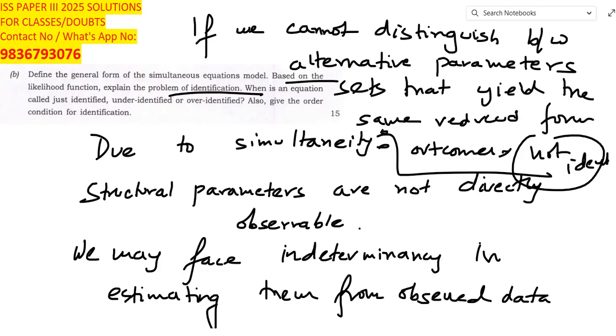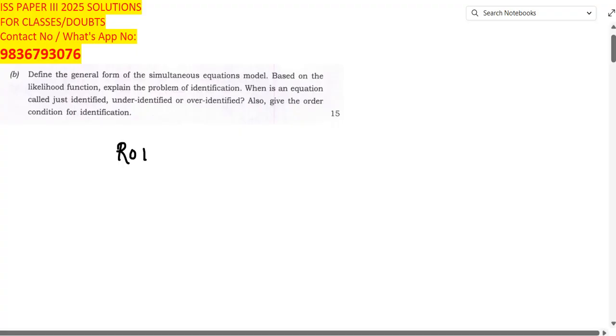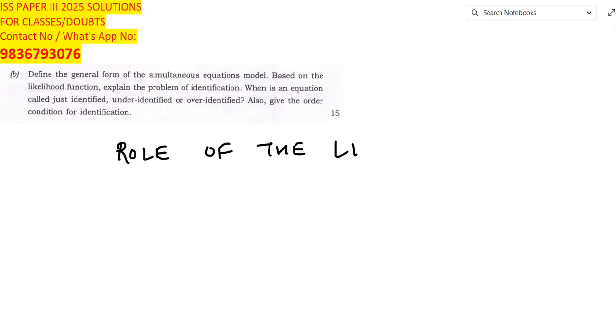Now, what is the role of the likelihood function? Here it comes. Role of the likelihood function.